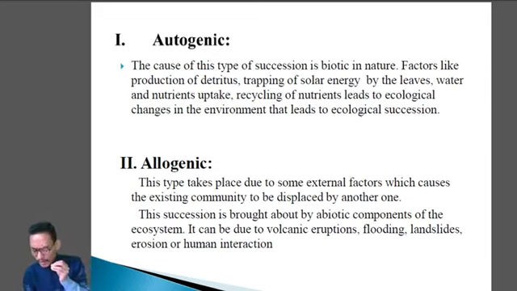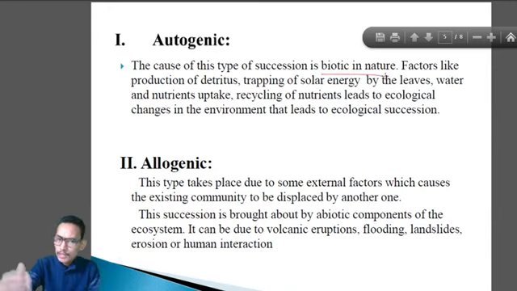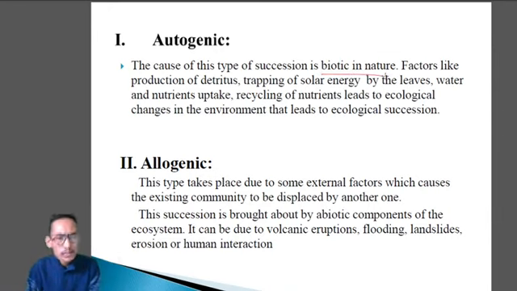When the environmental conditions are changed by the living organisms living on that habitat or area, that type of succession is called autogenic succession. And autogenic succession is always triggered by biotic factors. And what are those factors? It can be the production of detritus, trapping of solar energy by the plants, water and nutrient cycles, recycling of nutrients.